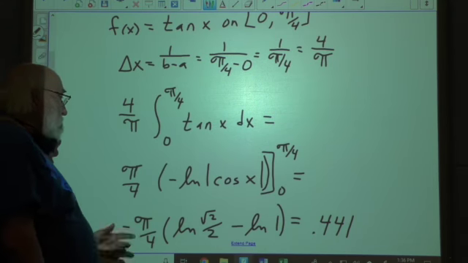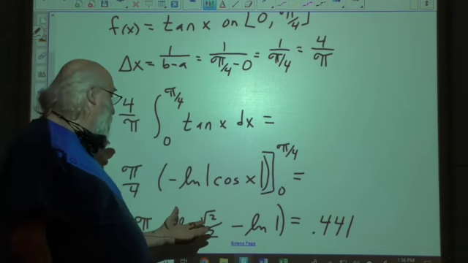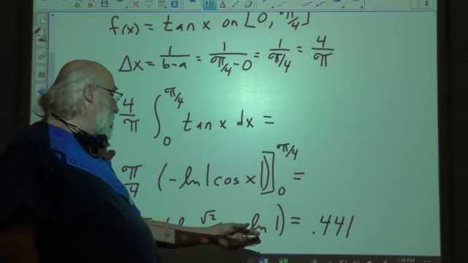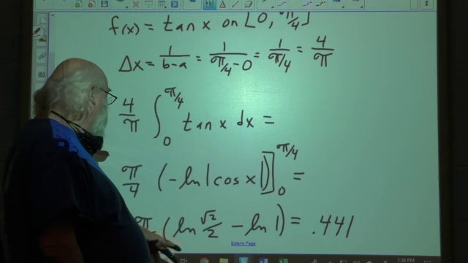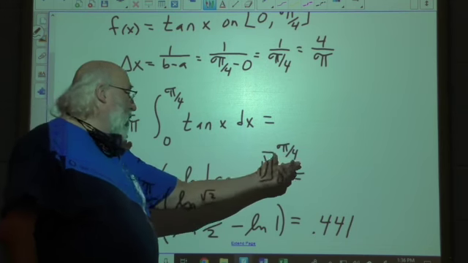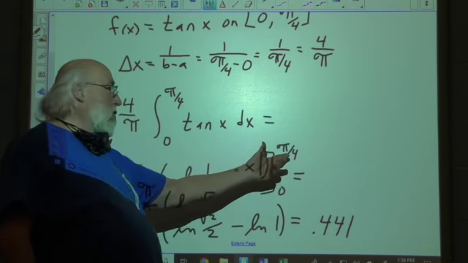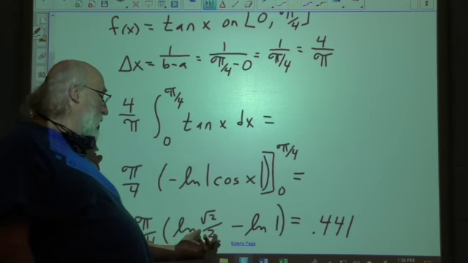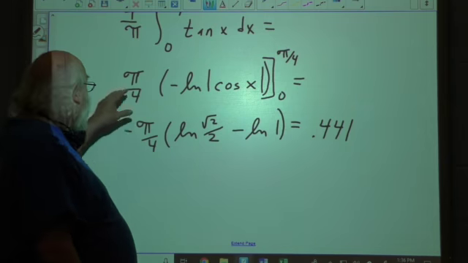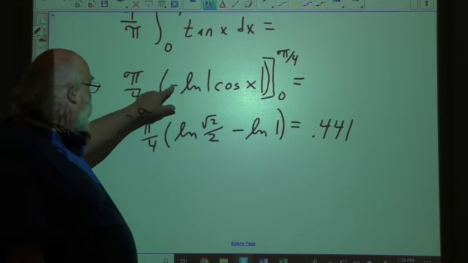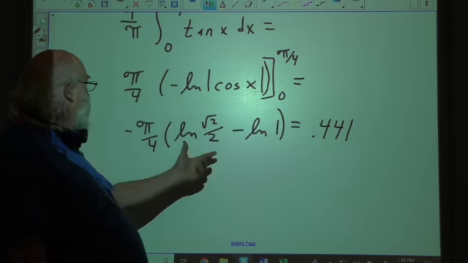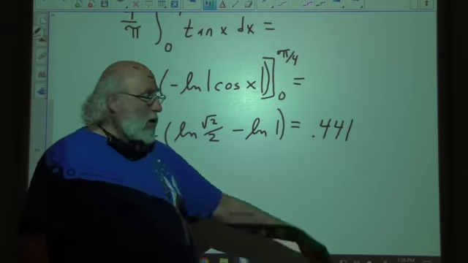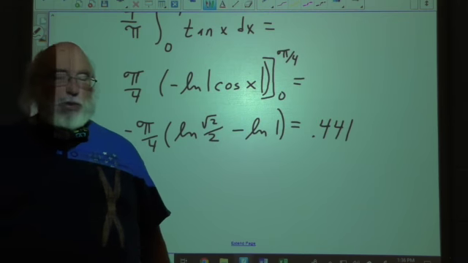So we plug in pi over 4 for the first term, and 0 for the second; cosine of 0 is 1, and the natural log of that is 0. So pi over 4 is 45 degrees, and the cosine of 45 degrees is root 2 over 2, so that's where that came from. And since this is negative over here, we pulled that on the outside, subtracted these two, multiplied by 4 over pi, and we get 0.441.